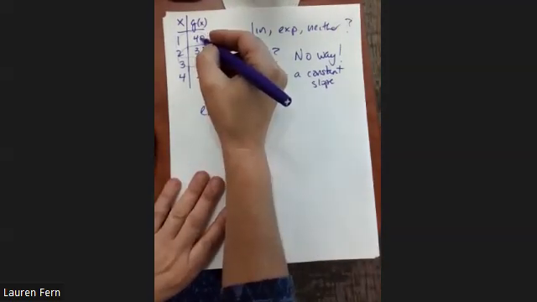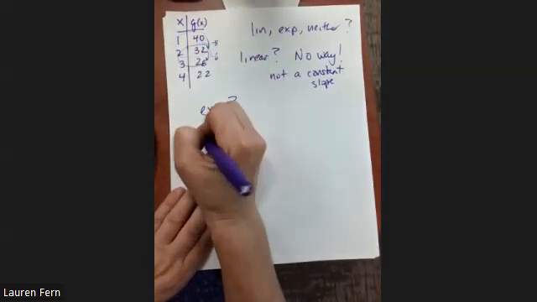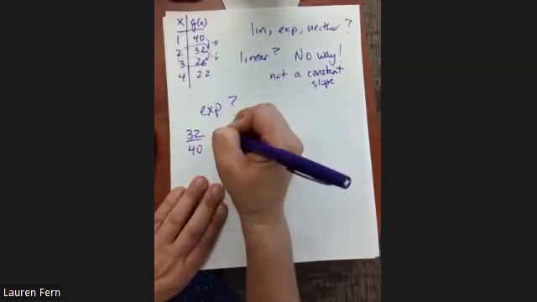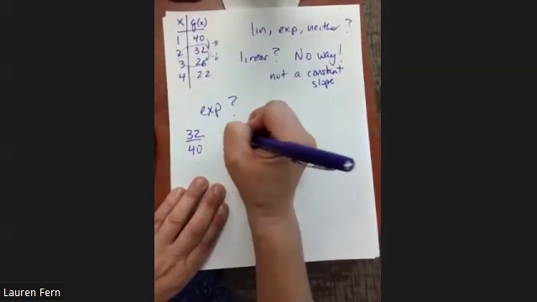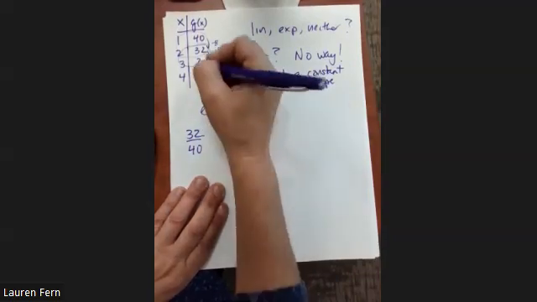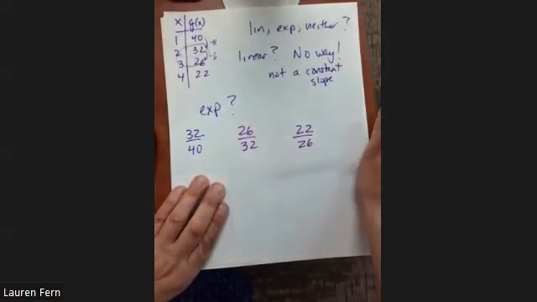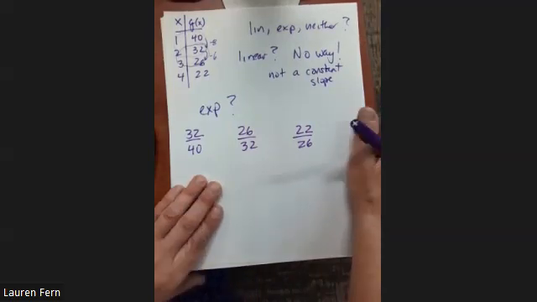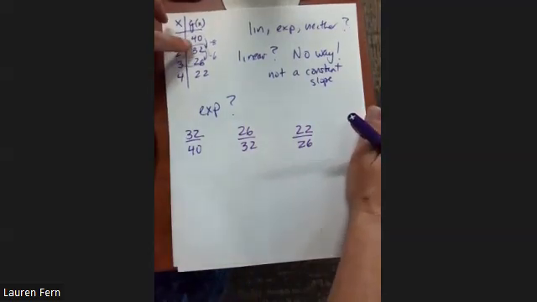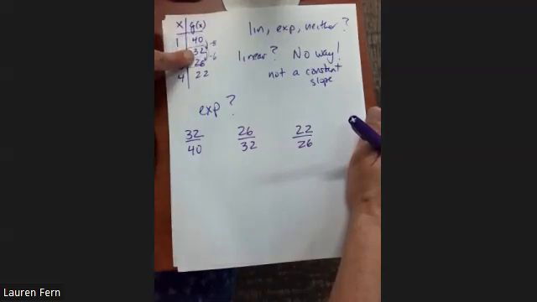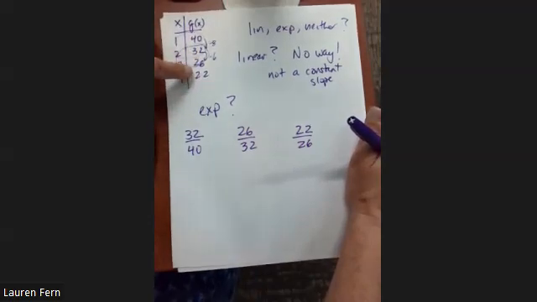In other words, is 32 over 40 the same as 26 over 32? The same as 22 over 26? So do you see what I mean by ratio? Ratio means divide. So you take the second one divided by the first one, then the third one divided by the second, then the fourth divided by the third.